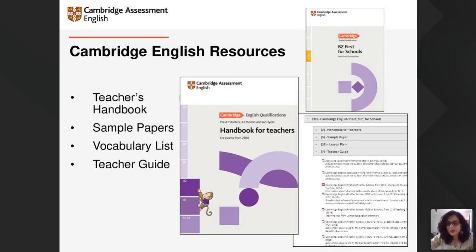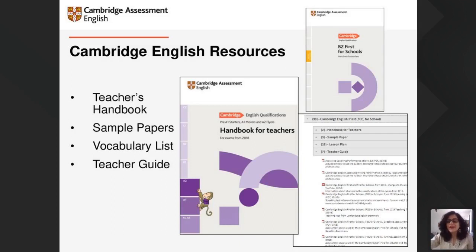So this is a handbook for First Certificate in English, which is pitched at the B2 level of language proficiency. So in this manner, there's a teacher's handbook, which is like a teacher's manual for each exam, which is brought out by Cambridge Assessment, right? So the teacher's handbook is the first resource that we are going to have a look at.